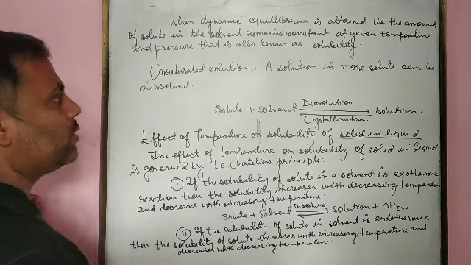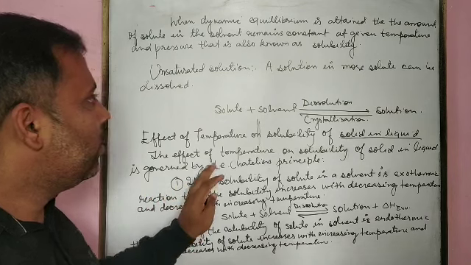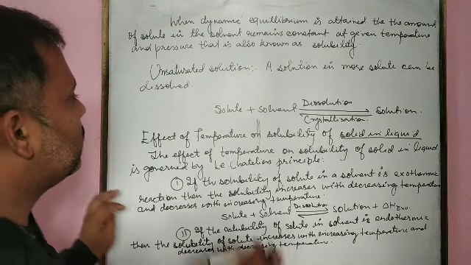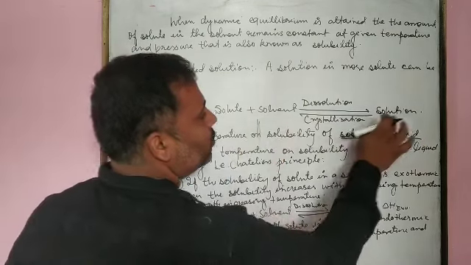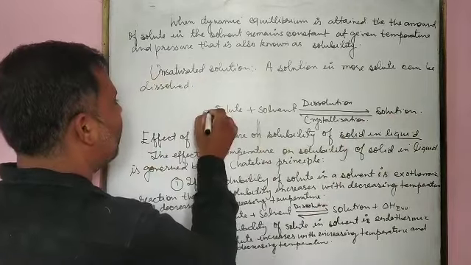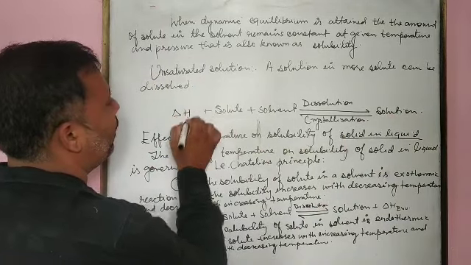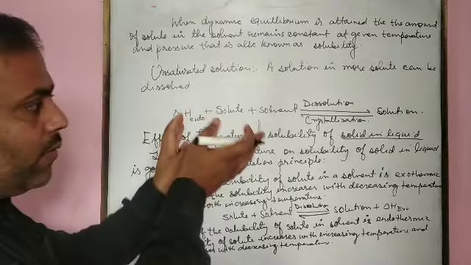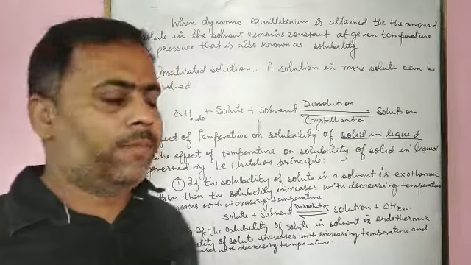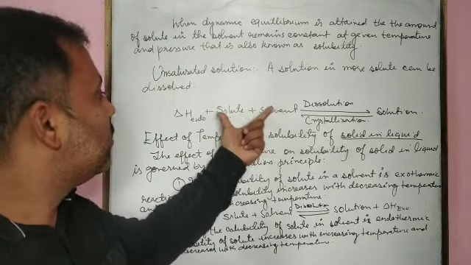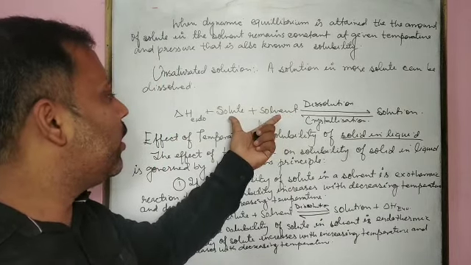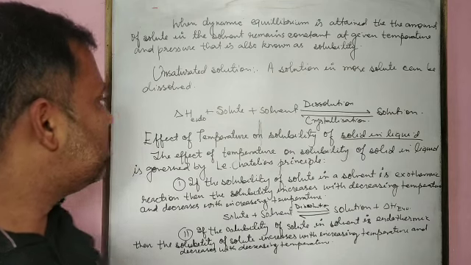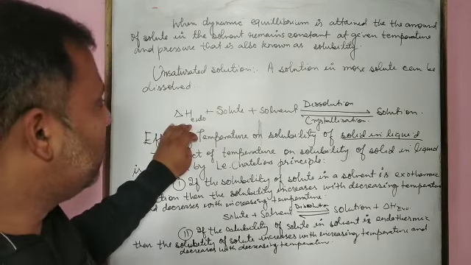Let us see how this happens. If we have the reaction solute plus solvent giving solution, and the reaction is endothermic, then we have delta H here. This shows endothermic. It means heat is required to proceed in this direction. In these equilibrium conditions, heat is required.